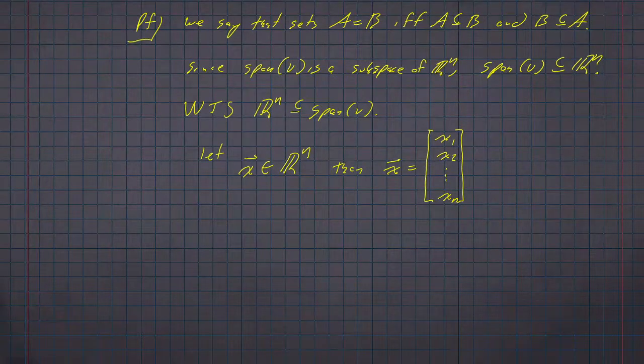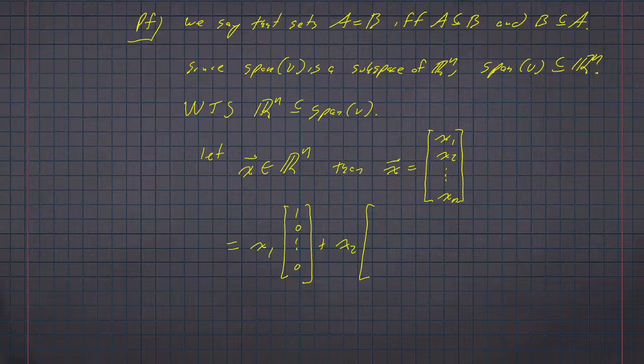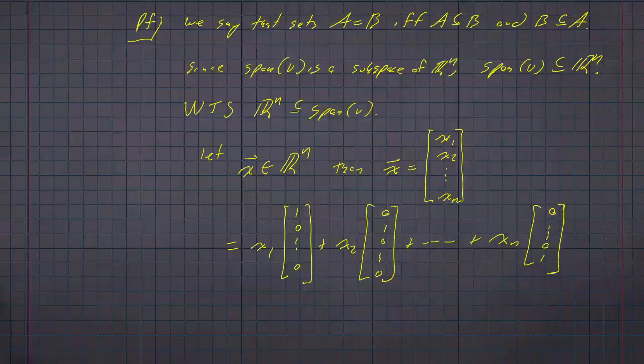Now we've seen in the past, we've used this trick before, that this is equal to x1 times (1, 0, ..., 0), and x2 times (0, 1, ..., 0), until we get down to xn times (0, ..., 0, 1).